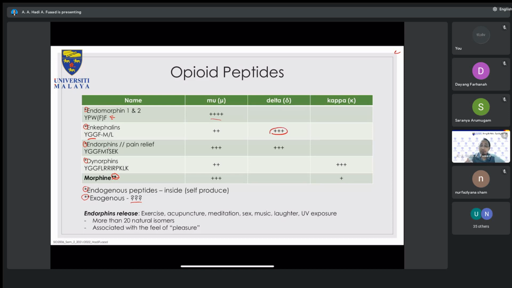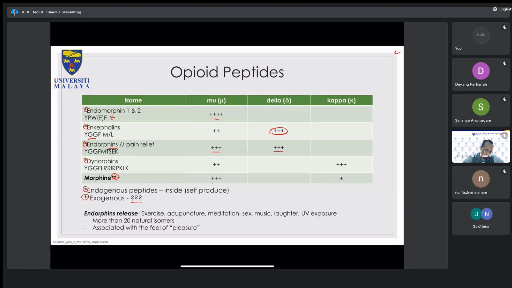Endorphins, which are primarily the pain relief, okay, act more on mu and delta in about equal manner, not so much on kappa. Dynorphins, as we recall, act on kappa, and at the same time, it's more on the gastrointestinal tract. Okay, so it's a bit more specific.